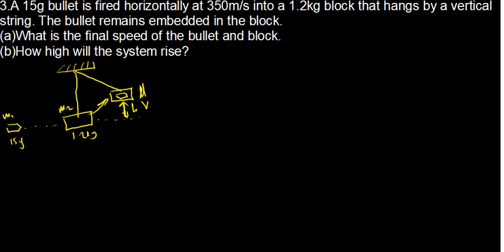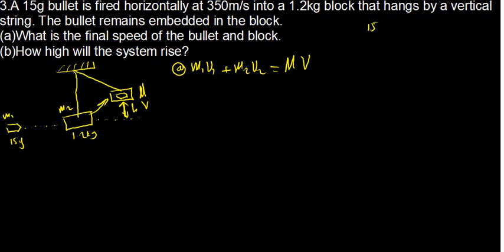So according to the law of conservation of momentum, the momentum before impact, that is m1 u1 plus m2 u2, should be equal to the momentum after impact. Now the bullet is embedded in the block, and so they've got a combined mass capital M, and they are going to move at the same velocity v. So the first mass, we've got 15 grams.